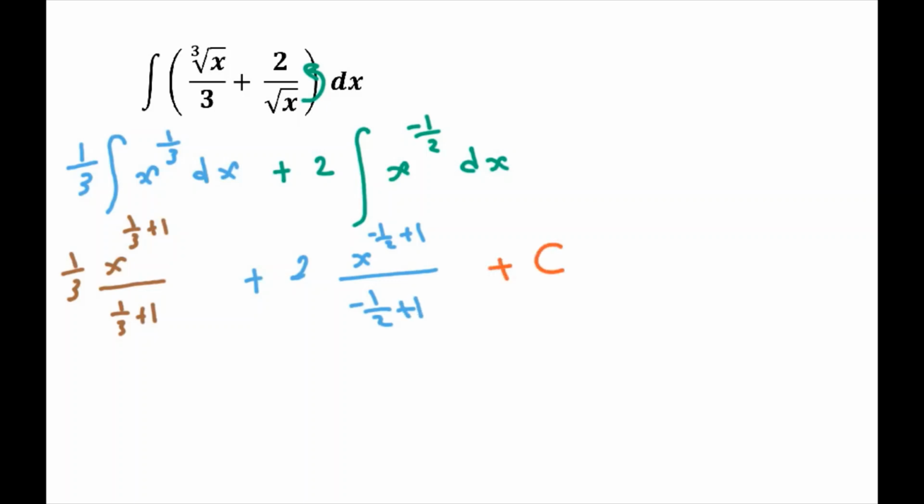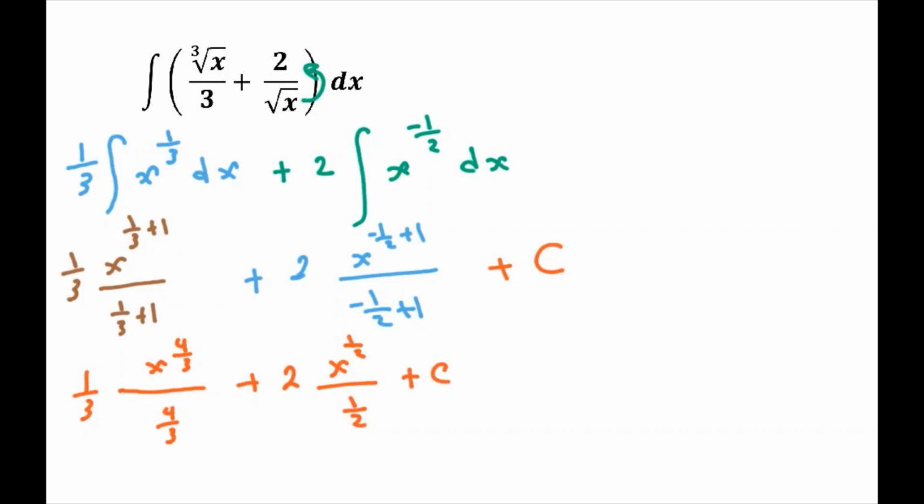Now when you simplify, it will be 1/3 x to the power of 4 over 3, and here will be 4 over 3, plus 2 x to the power of 1/2 over 1/2 plus c.